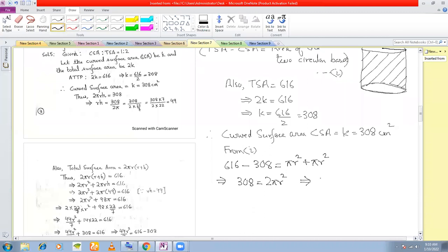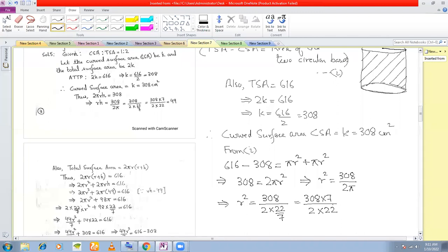Therefore, you get R square is equal to 308 by 2 pi, right? You can put the value of pi as 22/7. So 308 into 7 divided by 2 into 22.